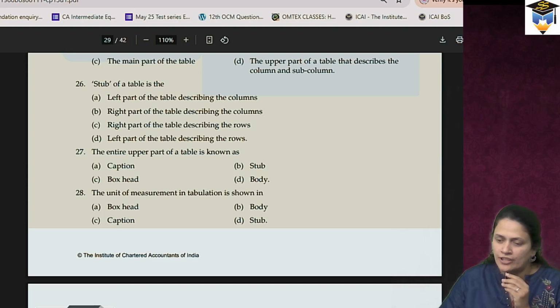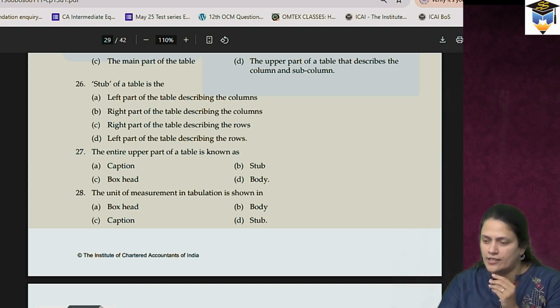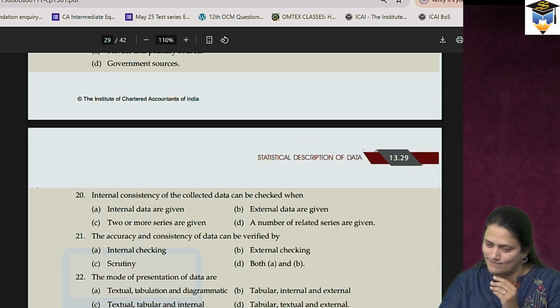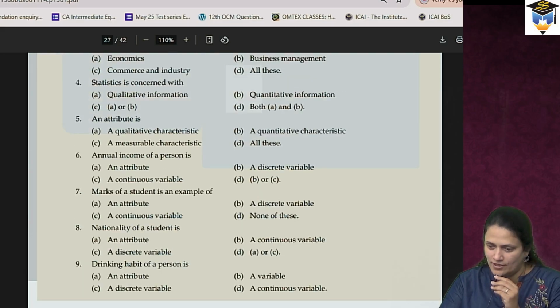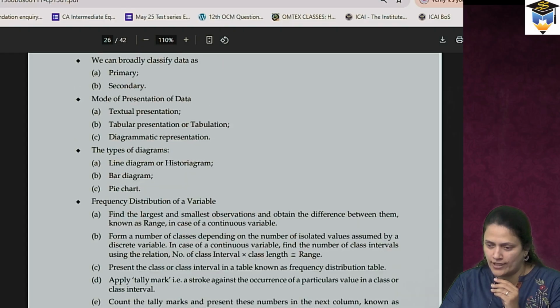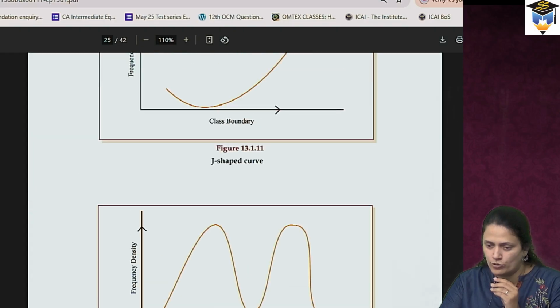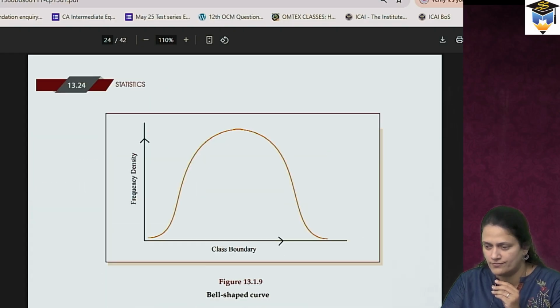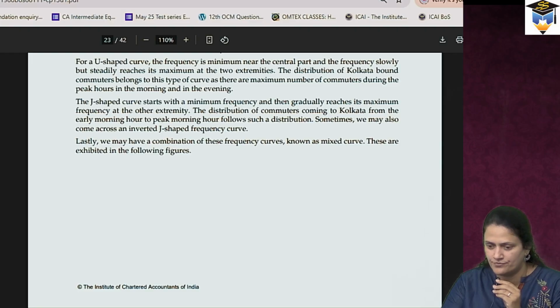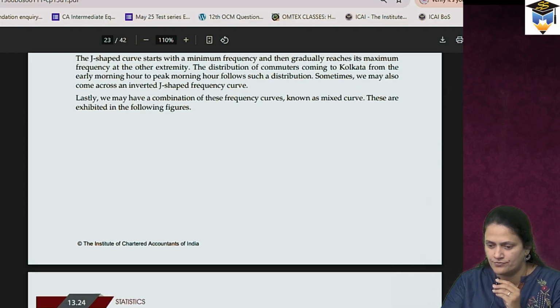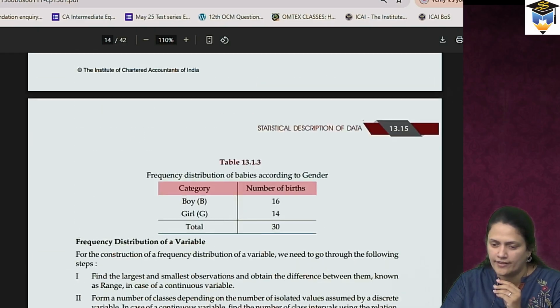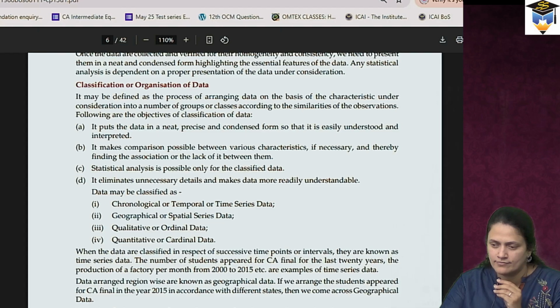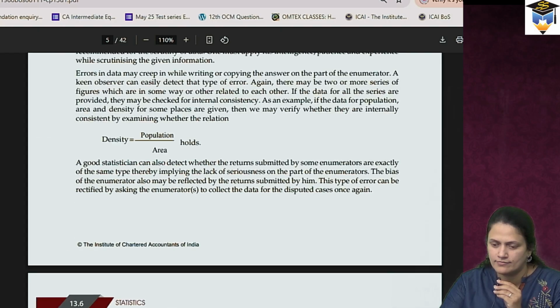See, the stub of a table is, that is given in the textbook, page number 13.7 of your textbook. I'm going to go there and show you. 13.7 here.